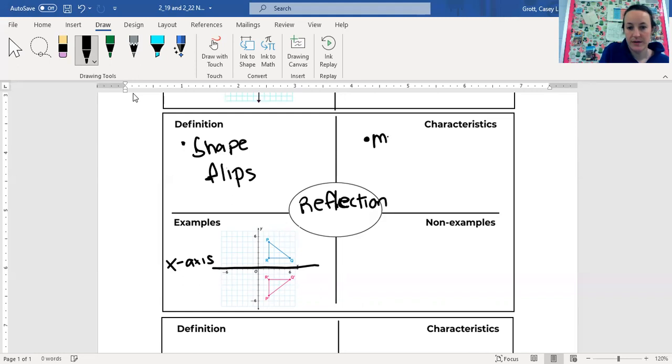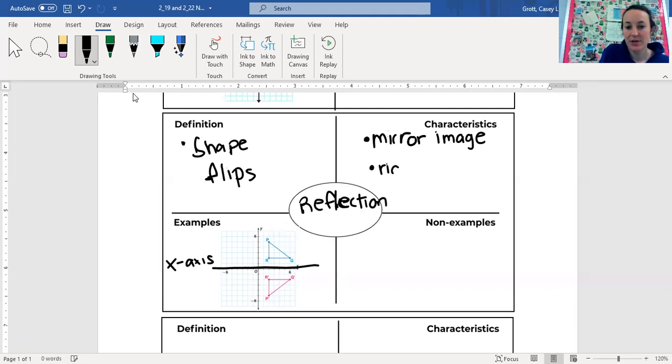It's like we're looking in a mirror. If this is my mirror, I see the exact same thing coming back at me. If I were to fold this on the x-axis, my points would all match up.